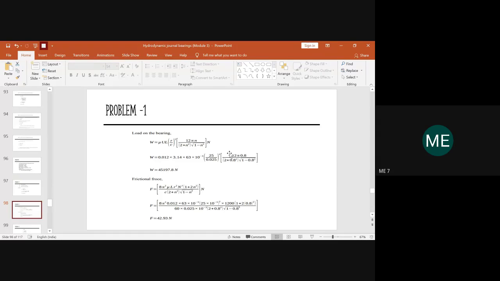Usually you have to keep the value of the load bearing capacity of the bearing in terms of Newton. So after substituting all this, now you have to calculate and let me know the answer. Everyone kindly calculate and cross check the answer and let me know how much you're getting.